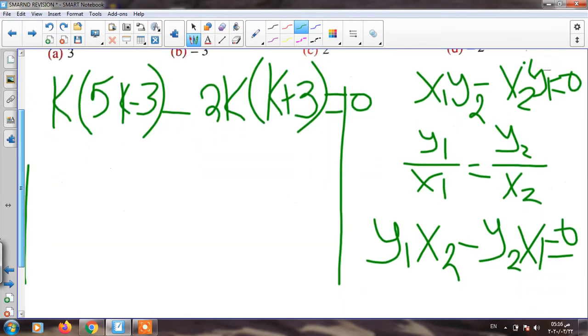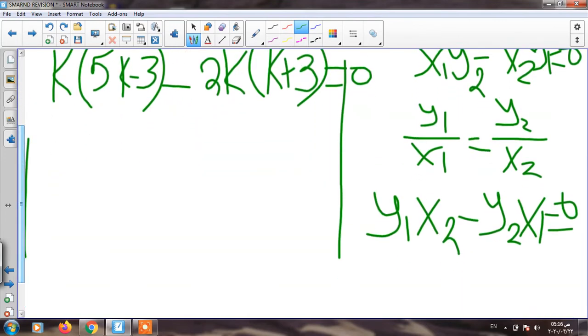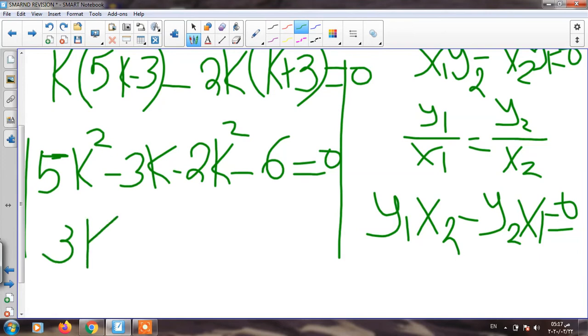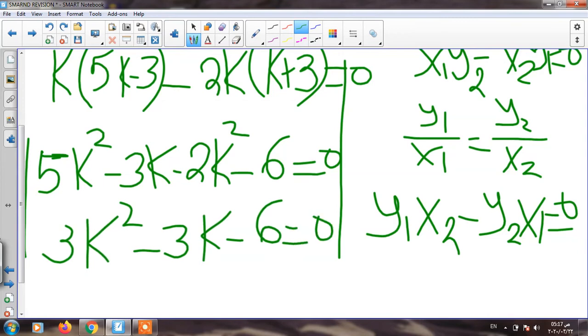Let me try to distribute the k here and the 2k here. k times 5k will be 5k to the power 2 minus 3k, minus 2k to the power 2 minus 6k. This will be 0. 5k squared minus 2k squared will be 3k squared minus 3k minus 6 equals 0.